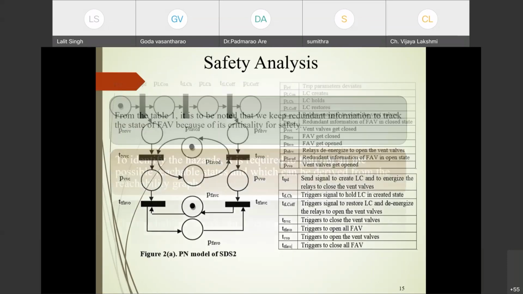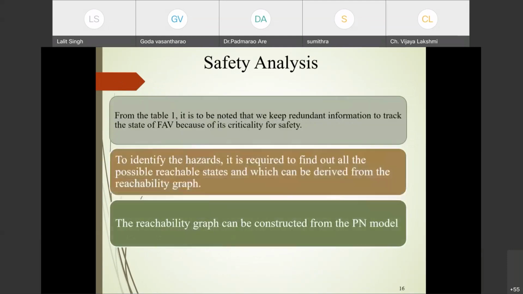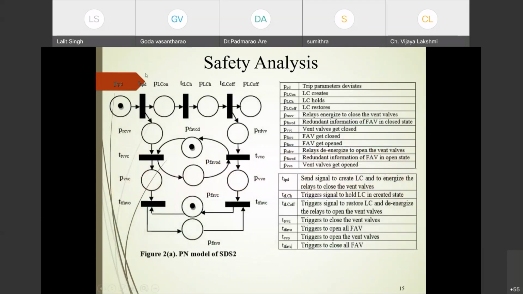Now, after constructing this entire model, we have to go for the safety analysis. And for that, we have to draw the reachability graph, and we have already seen how to draw it. We have to see the distribution of the tokens, and the tokens are distributed only in PPD, PFAVCD, and TFAVC.